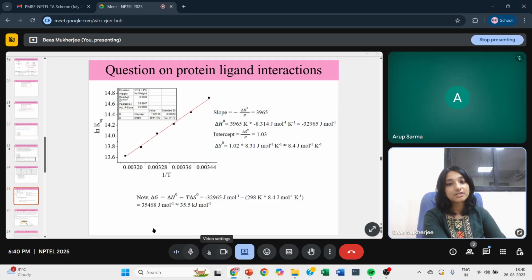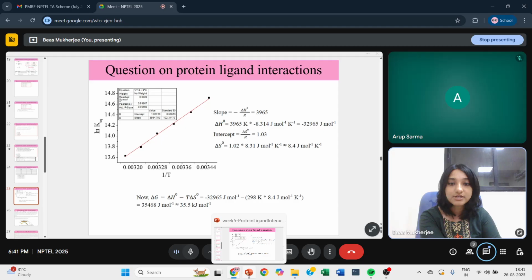Now delta G is equal to change in enthalpy minus temperature into change in entropy. Right? So if you put that into the equation, you get 35.5 kilojoules per mole.